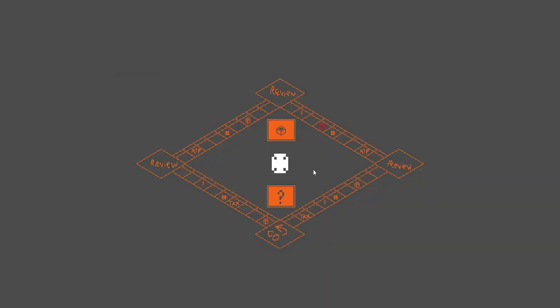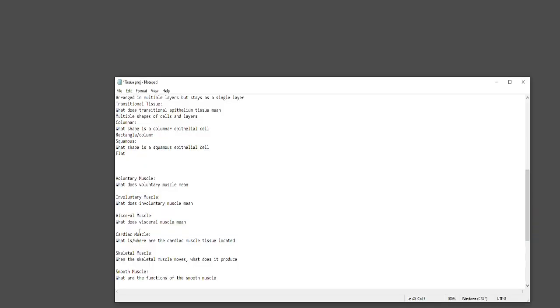Now done with the epithelial tissue, and then we land on another property space that is visceral. What does visceral tissue mean? It means muscle.